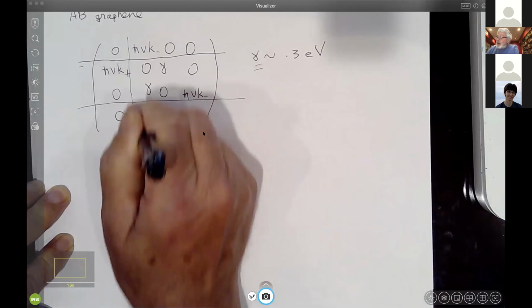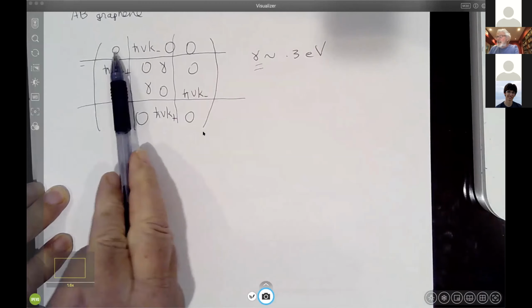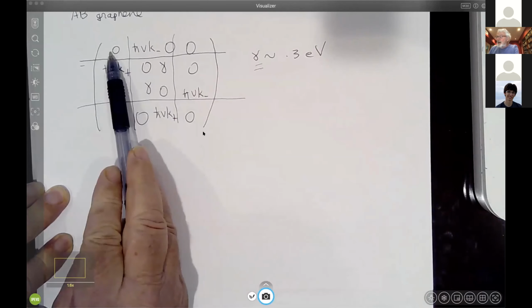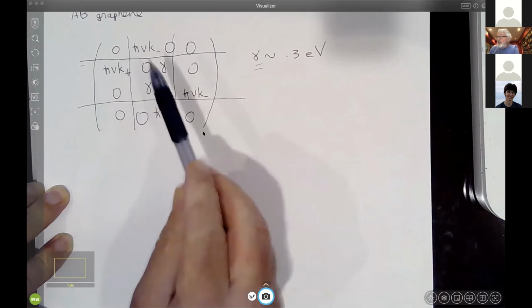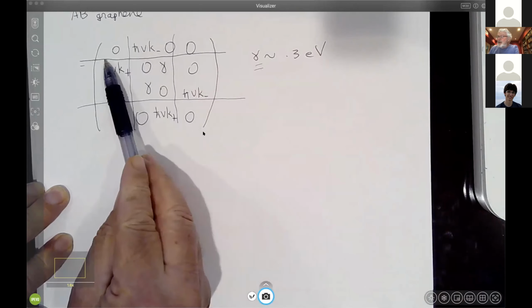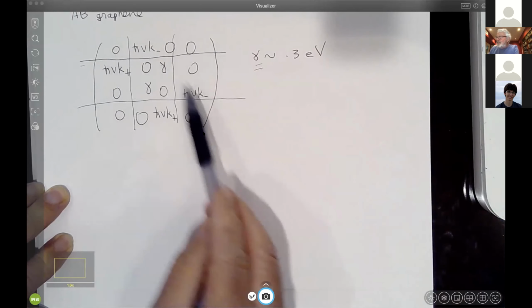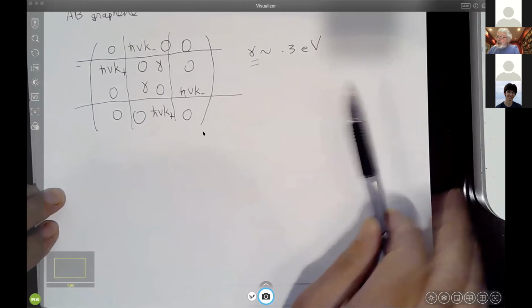If you knock out the high energy states, electrons can tunnel between the two low energy states via the high energy states, but they have to hop twice into the high energy states and back.